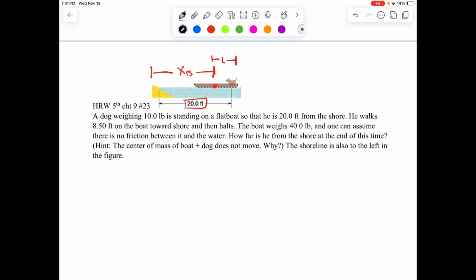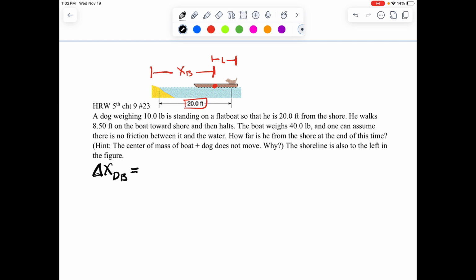Okay, so we know that the dog moves relative to the boat. So that's a key little thing. So let's write some stuff down about that first. The change in position of the dog relative to the boat, that's the 8.5.